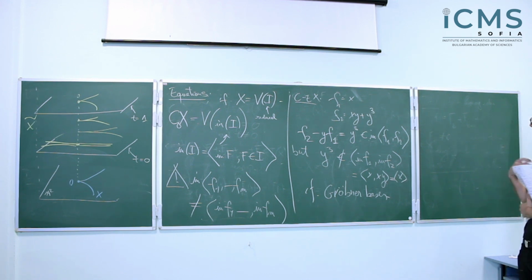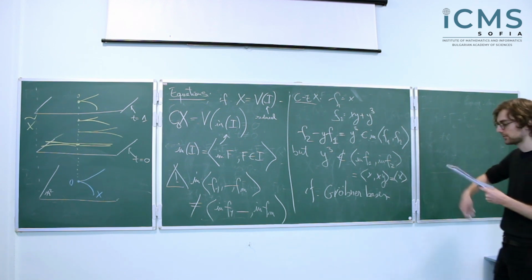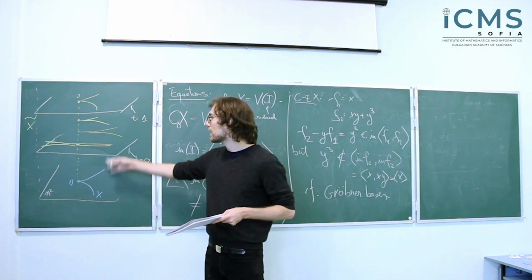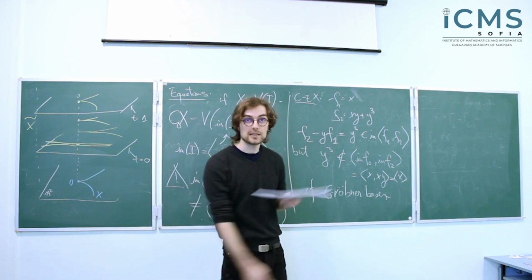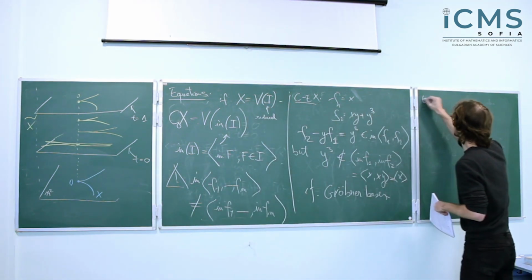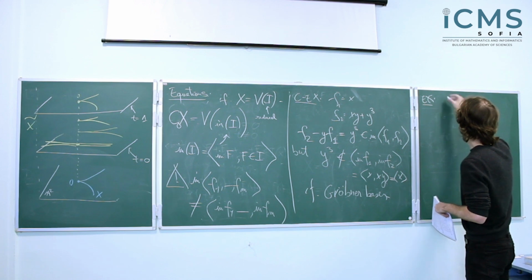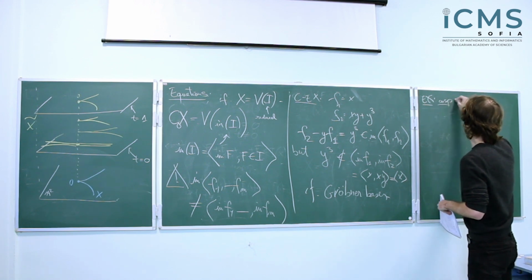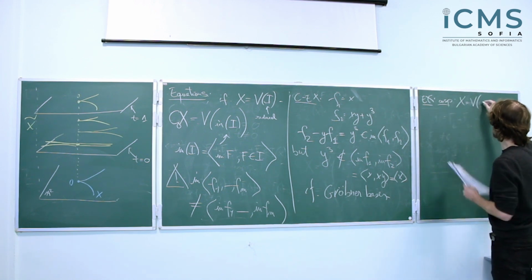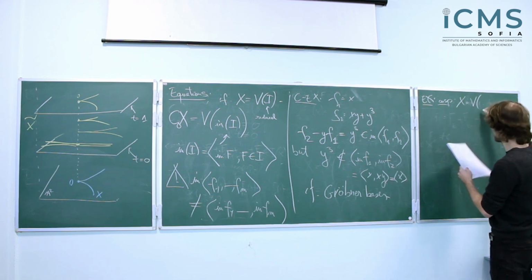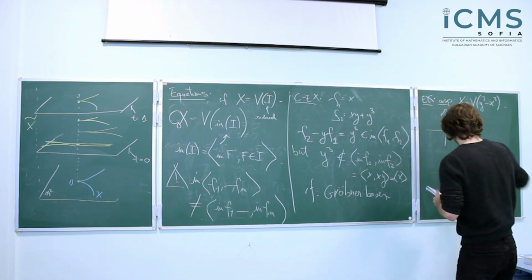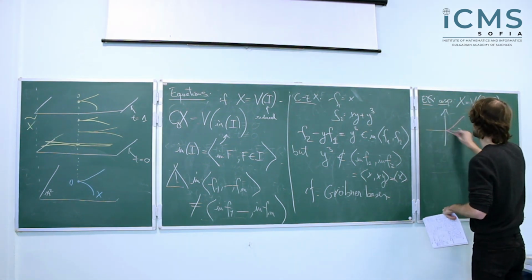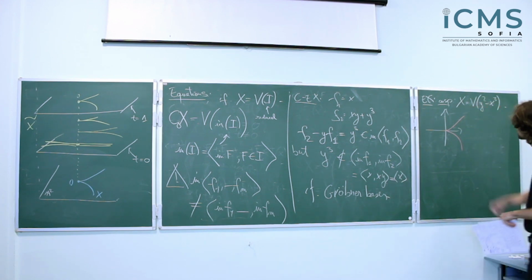So let's give some examples. Instead of giving you the classic example, well, we already had an idea of what the tangent cone looks like for the cusp, but this is actually pretty easy. So the cusp is this, the usual cusp.